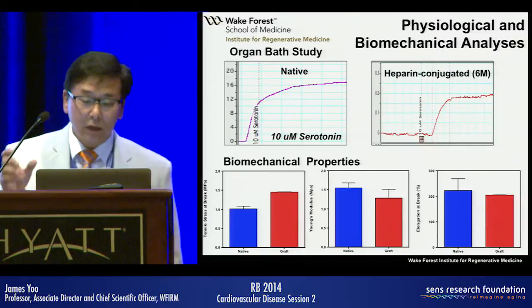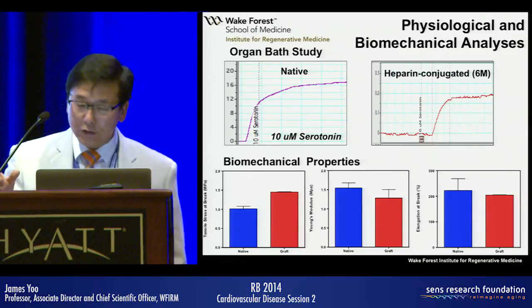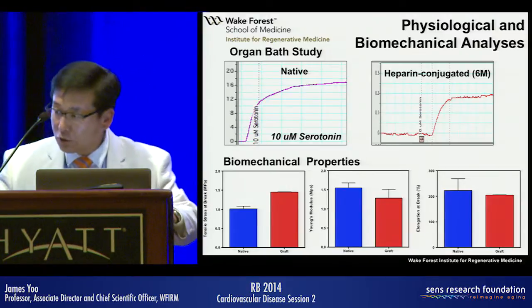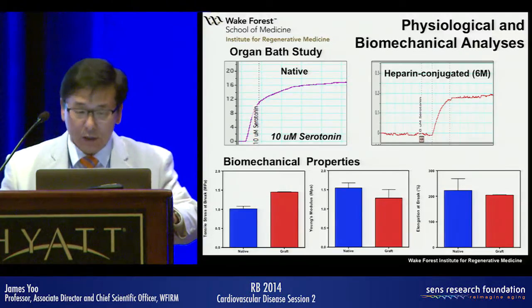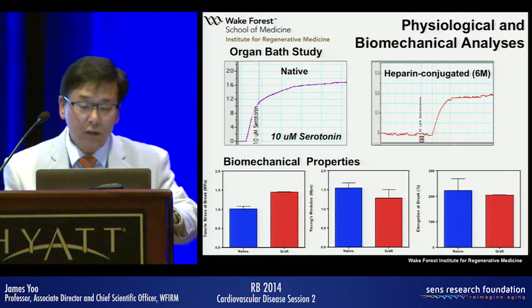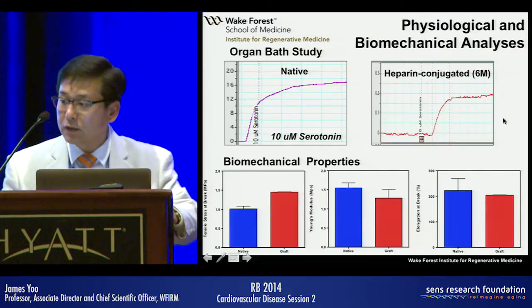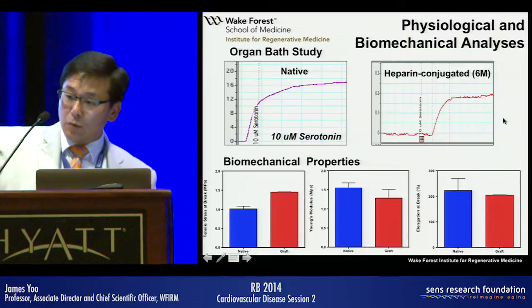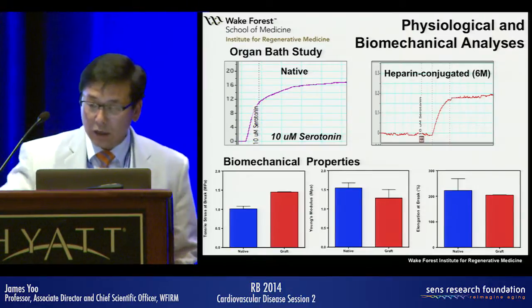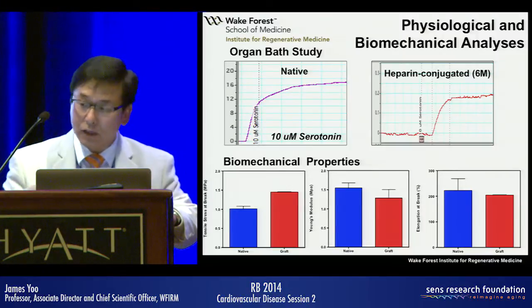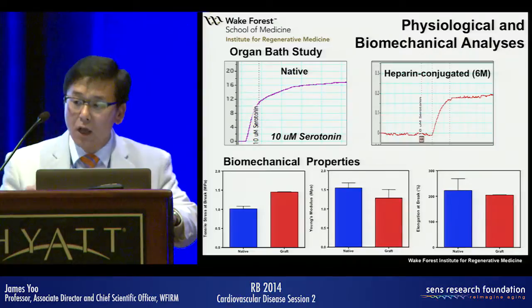So we have taken the retrieved segment and did organ-based study using pharmacological agents, and we have seen similar patterns of response to drugs, which indicates that the implanted segment has the necessary components, not quite as strong as the native tissue, but it's getting there.